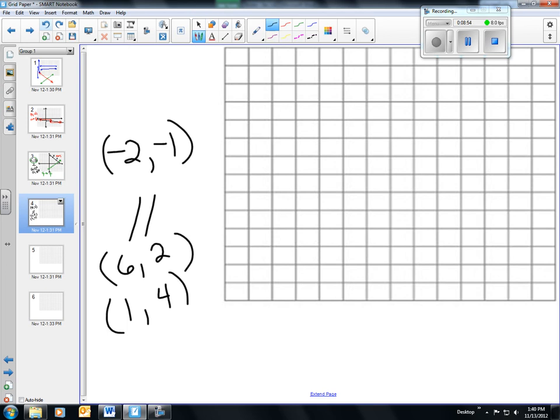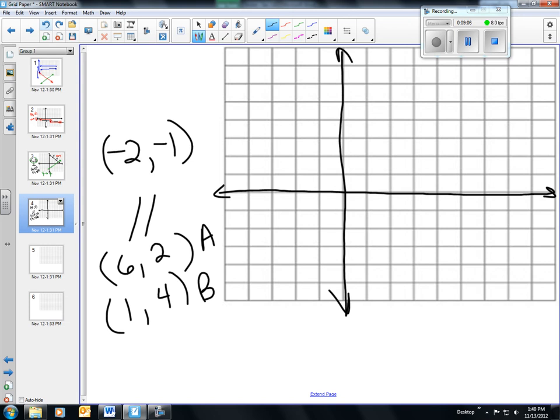So here, let's start off by graphing these points here, A and B. So create our graph. And the point 6, 2, so there's point A. And then 1, 4, that's point B. And then we can draw the line here to connect the dots.